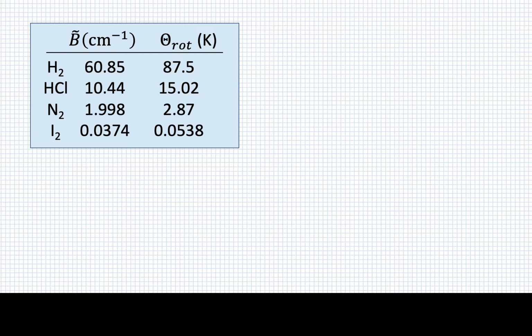So what I've listed here are a set of rotational constants in this inverse centimeter unit, and I've then shown you their corresponding rotational temperatures, so you can get a handle for that. As you can see, obviously these all scale. The bigger the rotational constant, the bigger the rotational temperature.